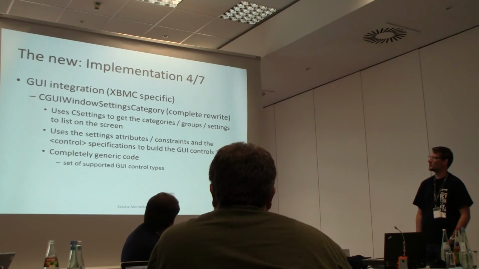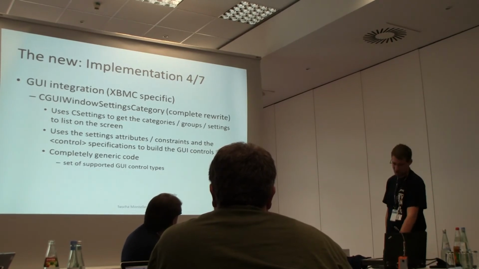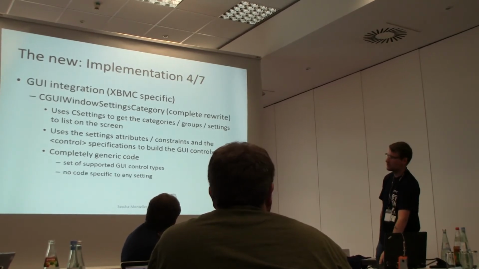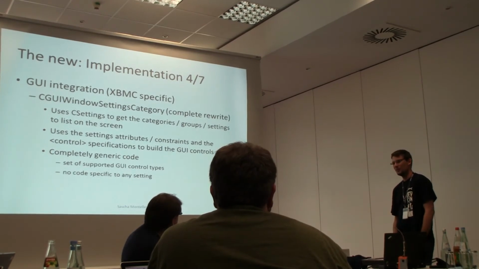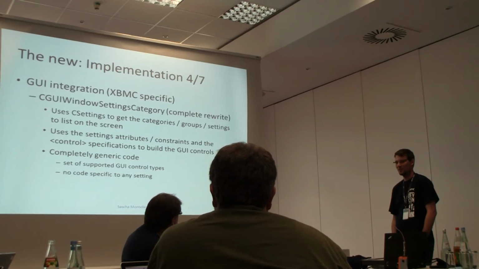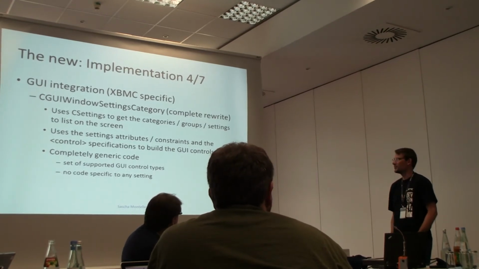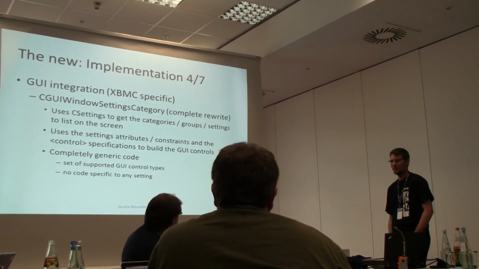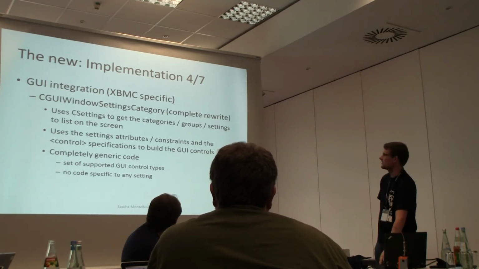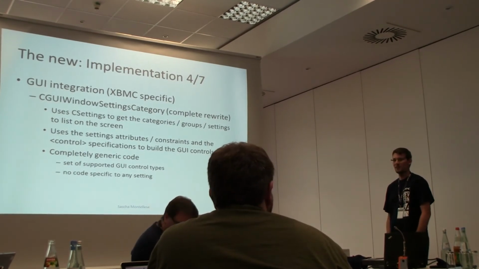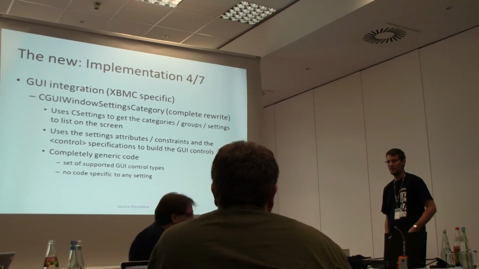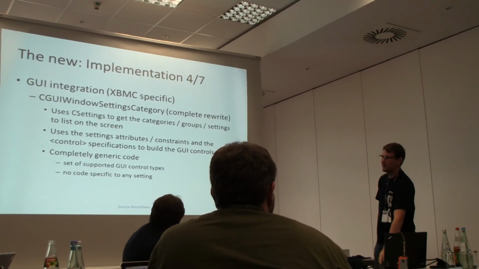The supported list of user controls could be changed to also be extendable, so you can say we also want a multiple checkbox list or something like that, which might not be supported in the settings library, similar to the custom setting types, but it's not like that right now. The most important thing is there's no code specific to any setting in there, so everything works for every setting.